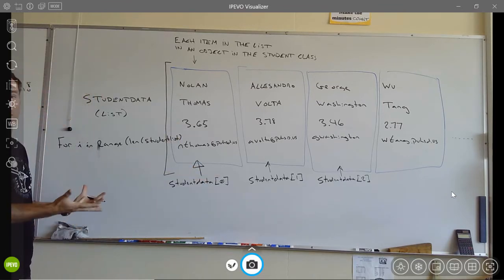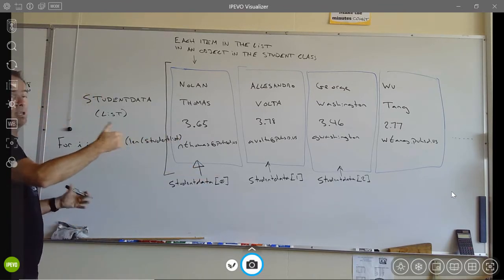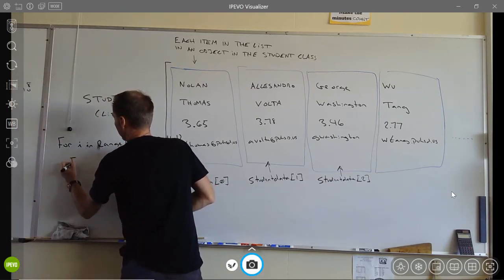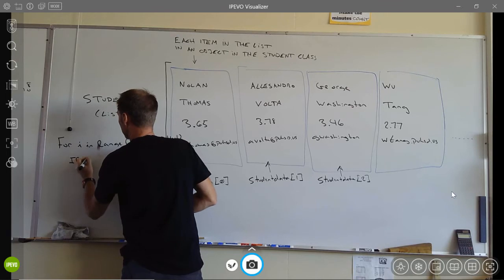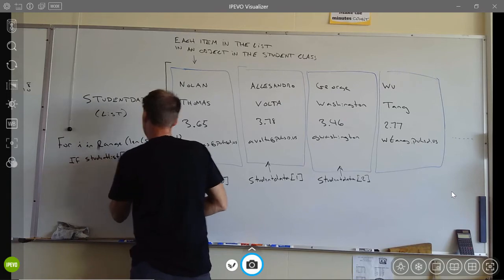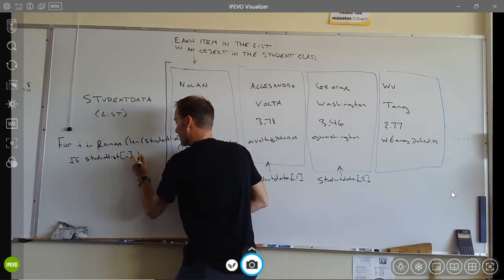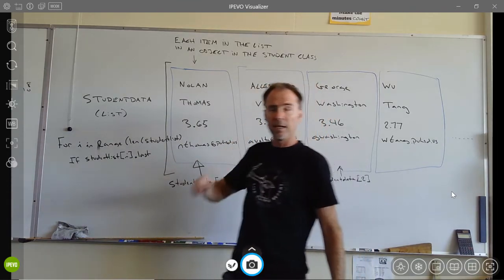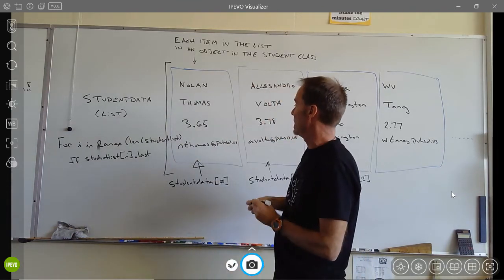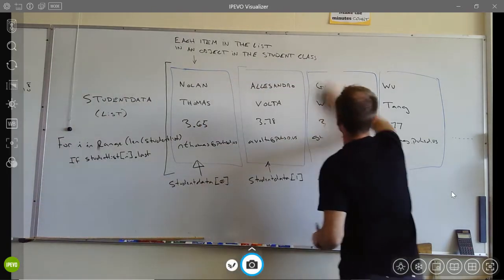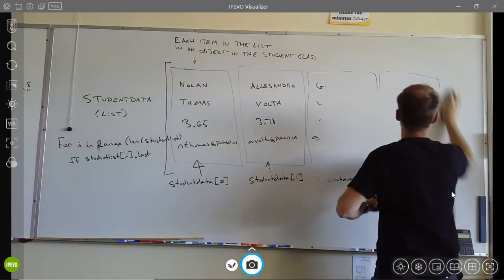Then if I want to look for a specific last name, I would write if student list i dot last. I'll write this nicer, guys, and get rid of these two so you can see it better.